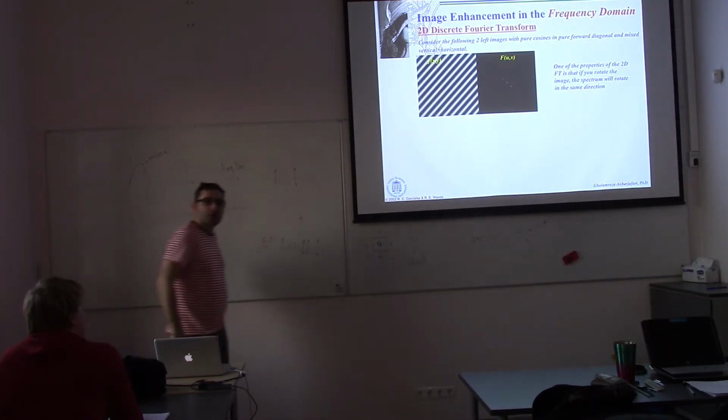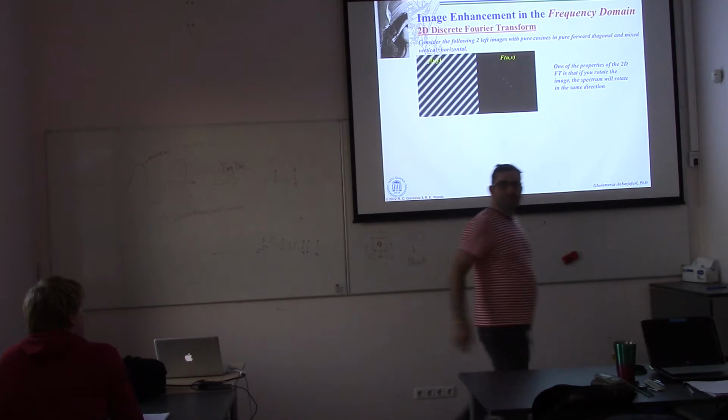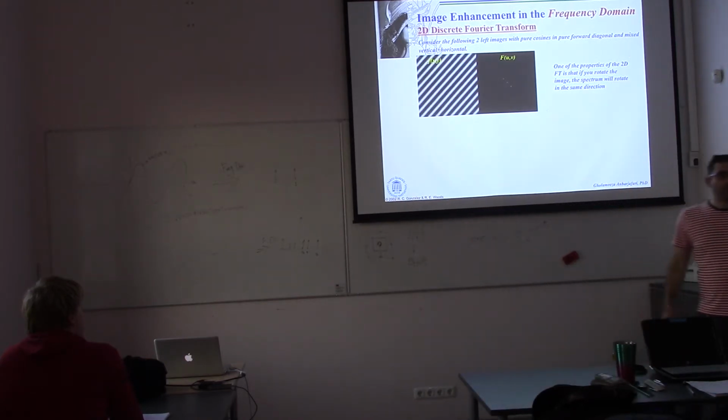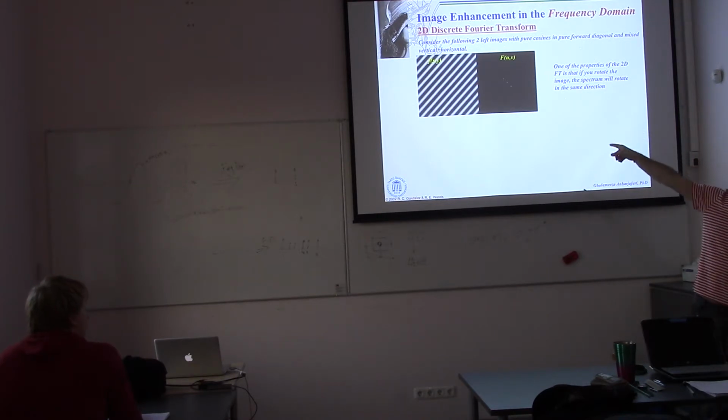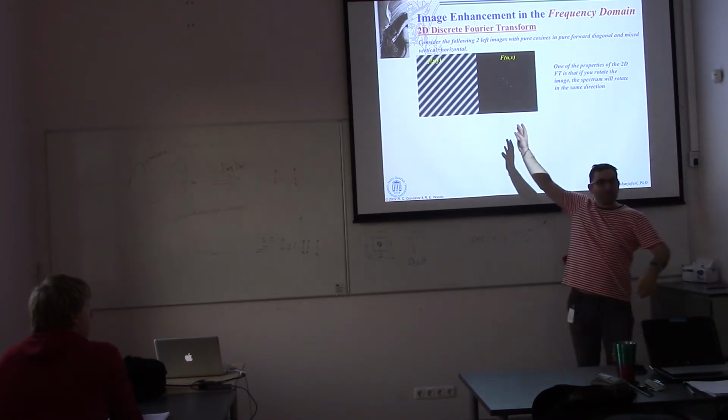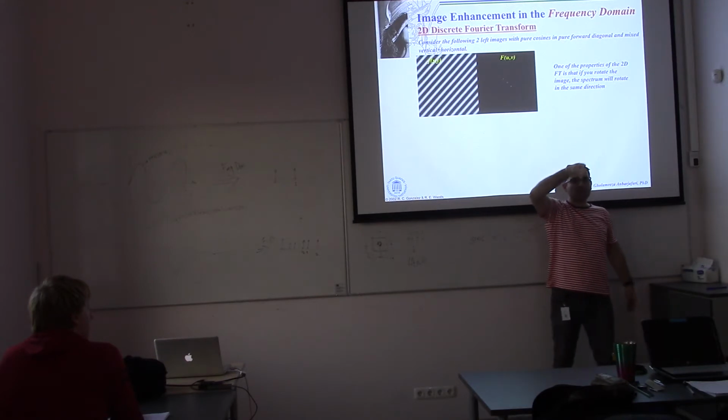If I have this one, look what happens. Why do I have the dots like this now? It's non-symmetric. Why do I have the line? What did the dots look like in the previous image? Vertical.